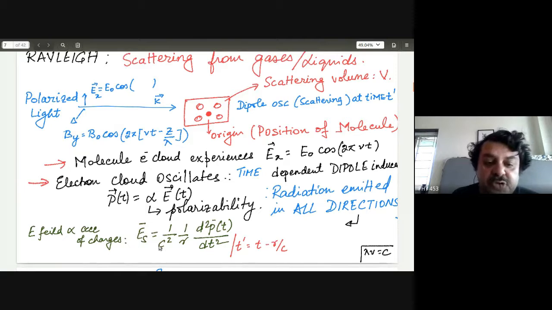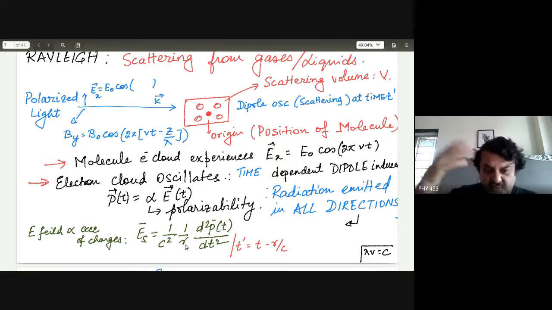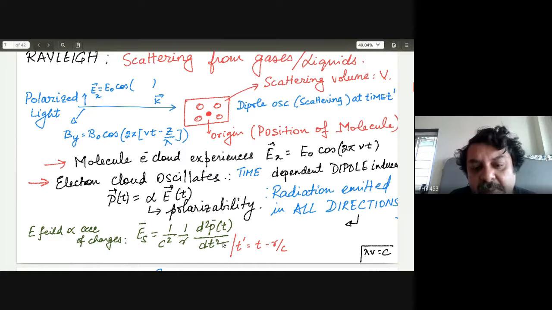This will be proportional to 1 by c square, c being the speed of light, and 1 by r, as the electric field goes out there's a decay of 1 by r, and it depends upon d2p dt2, the double derivative of how fast the dipole is changing. This is the dipole moment, which in turn depends upon alpha times the strength of the incident electric field, and so on.